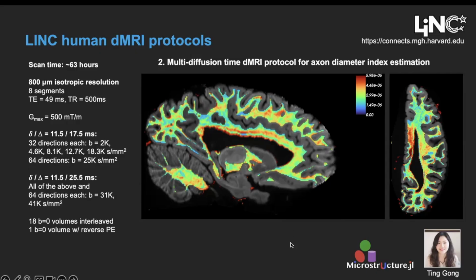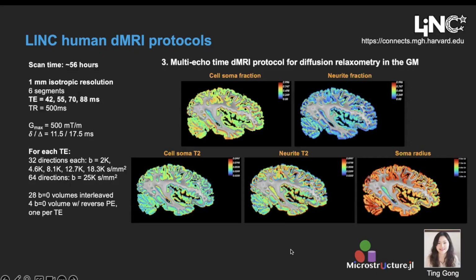And in addition to this protocol, we have a multi-echo time protocol for doing diffusion relaxometry and being able to look at diffusion measures in the gray matter as well as the white matter. So this kind of modeling allows us to look at things like cell soma fraction and neurite fraction in the cortex, and be able to estimate cell soma and neurite specific T2, as well as soma radius.